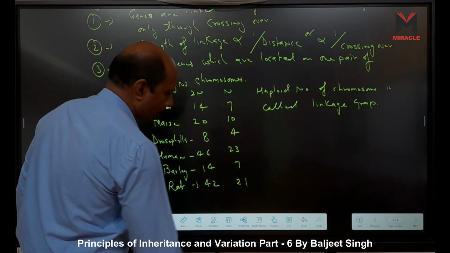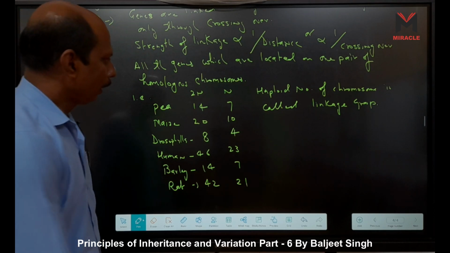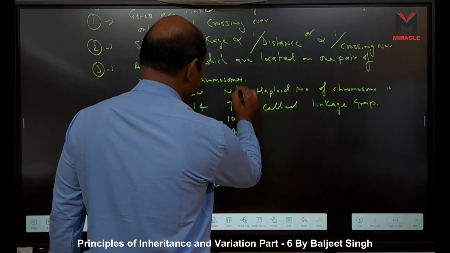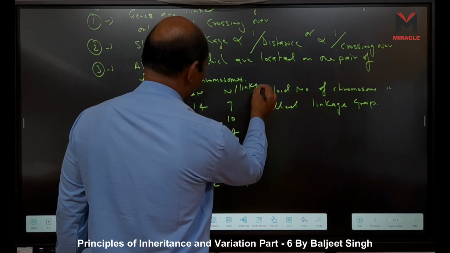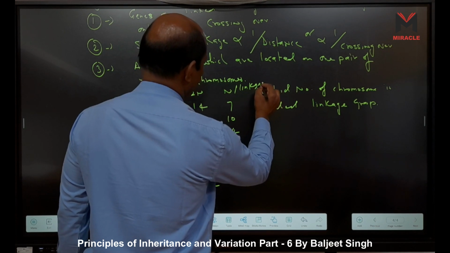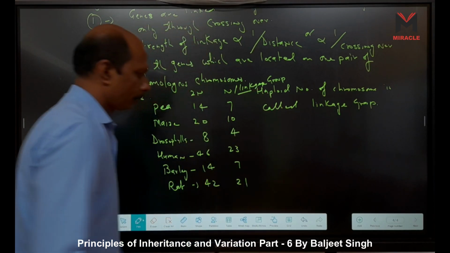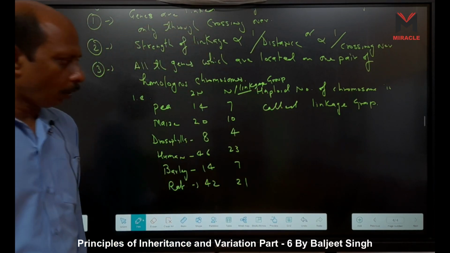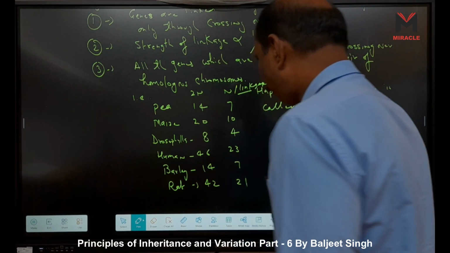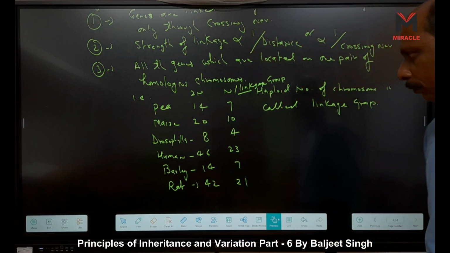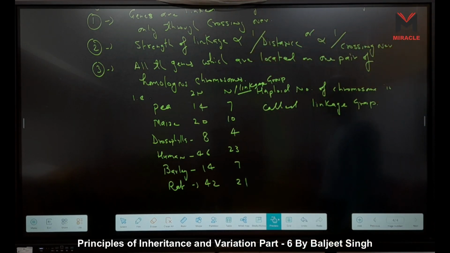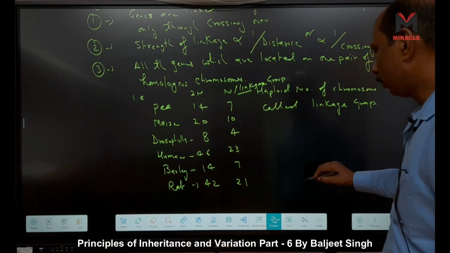Linkage group means 21. So here N means the linkage group. Do you understand? Now, factors affecting the linkage group. Which types of factors affect the linkage group? You can see here.